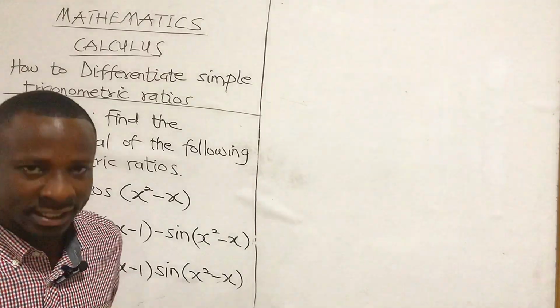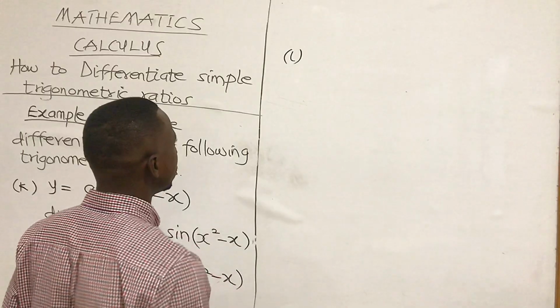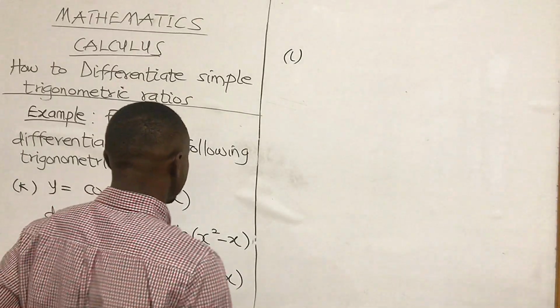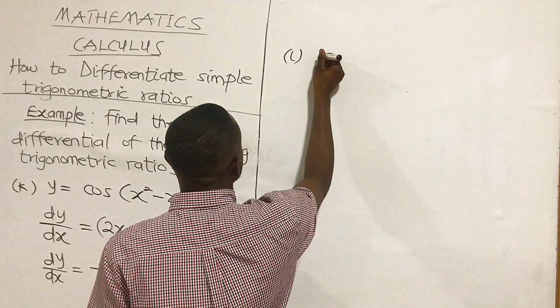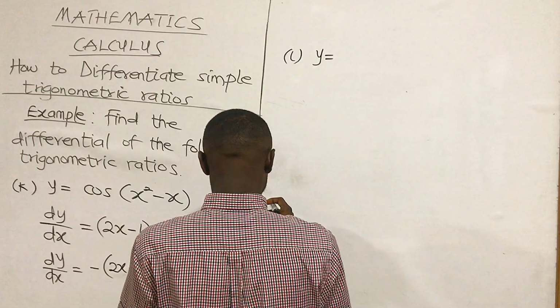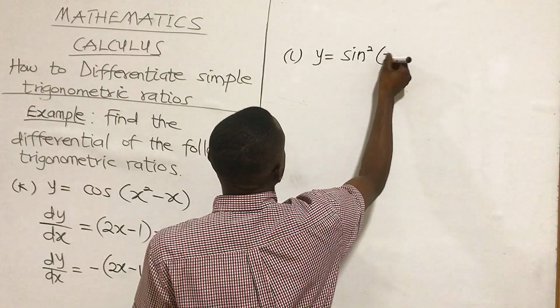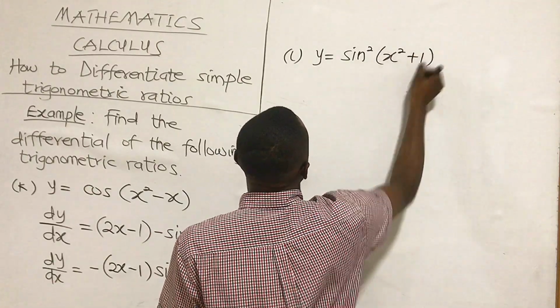Our final example, L. Y is equal to sine squared multiplying x squared plus 1.